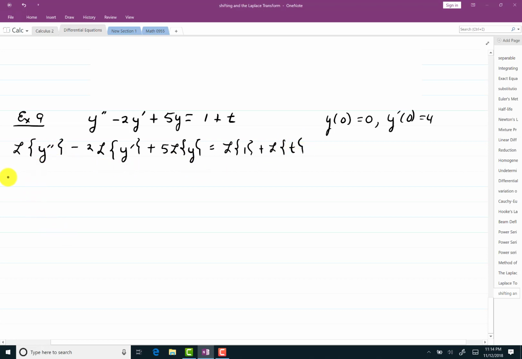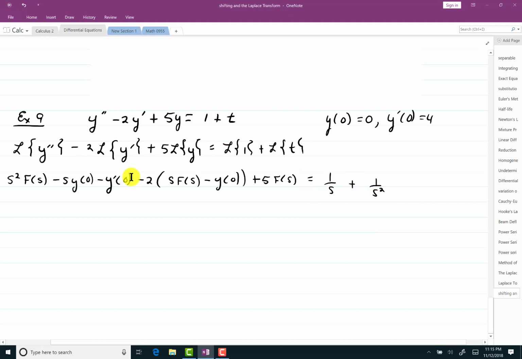We have s squared, capital F of s, minus s y of 0, minus y prime of 0, minus 2 times s F of s, minus y of 0, plus 5 times capital F of s. And I've already mentioned the Laplace transform of 1 is 1 over s. The Laplace transform of t is 1 over s squared.